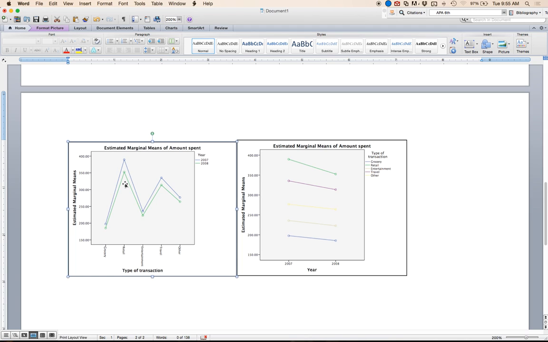So when I think about interactions, to me it means that both variables are important because the patterns are somehow different across those variables. If I looked at it for year, the way I would see it, and this one's a little more subtle, so that's why I don't like this graph as much, is that the difference between the years is different. I mean, clearly the lines are not the same, so that means that the retail has the highest spending.